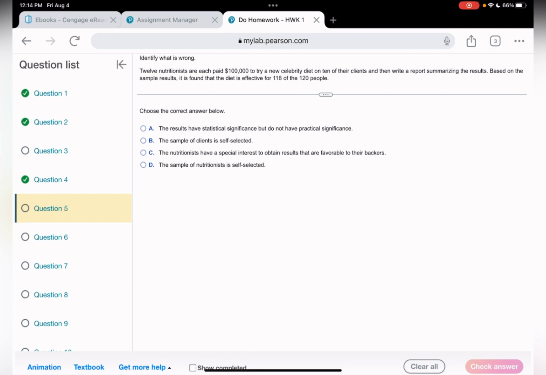So let's say when volunteers for a study, researchers have to be very concerned about self-selection. The people that want to participate may be vastly different than the target population under study.